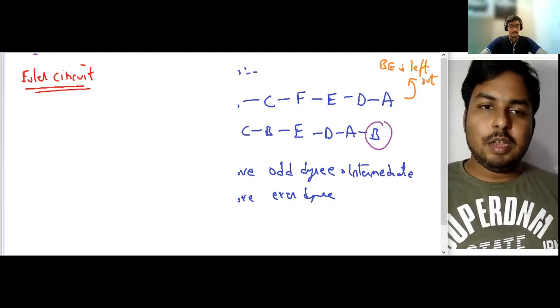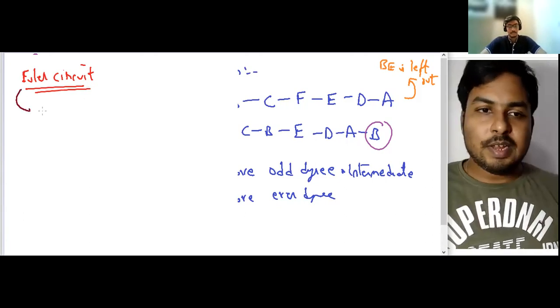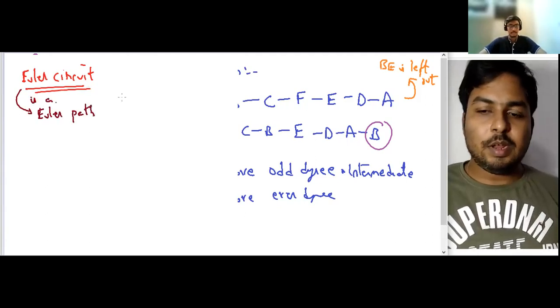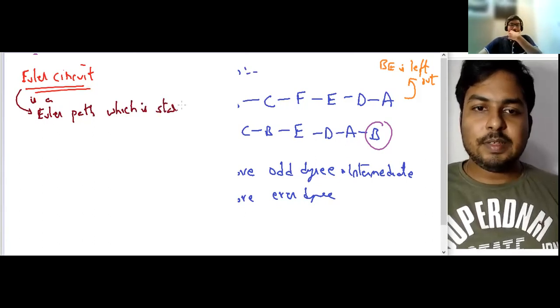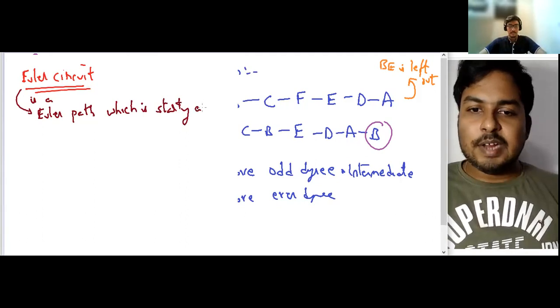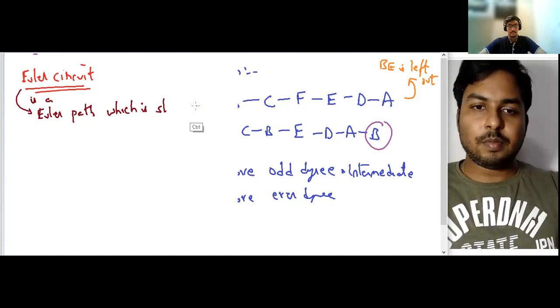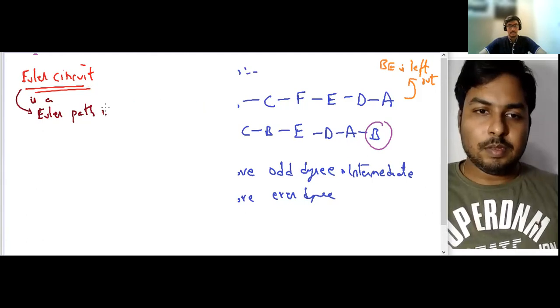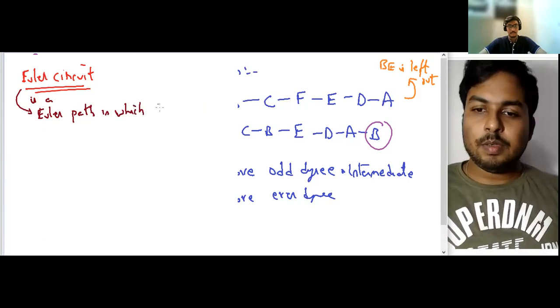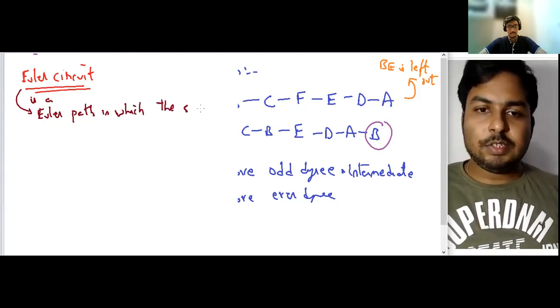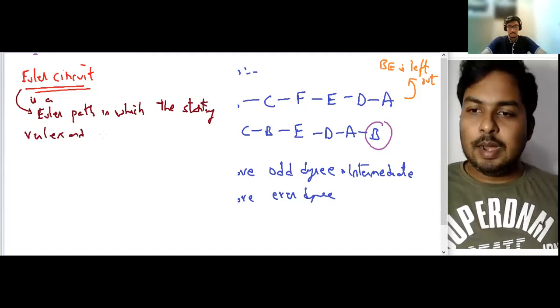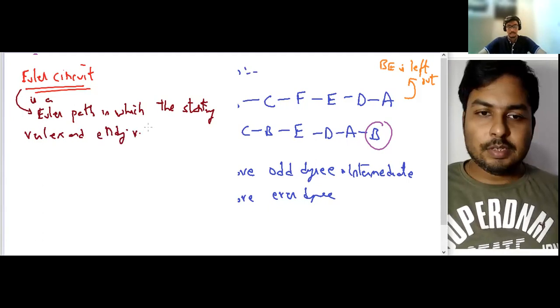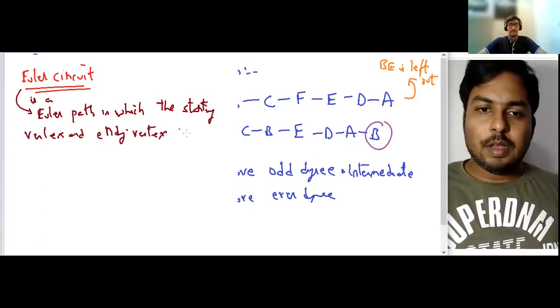So an Euler circuit is nothing but an Euler path in which the starting vertex and ending vertex are the same.